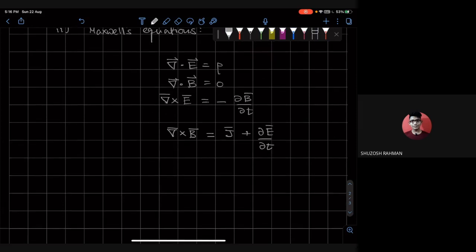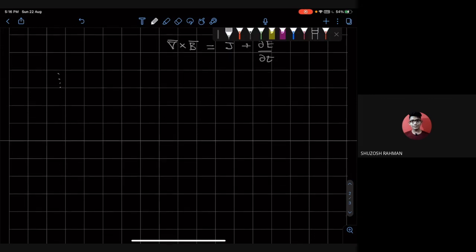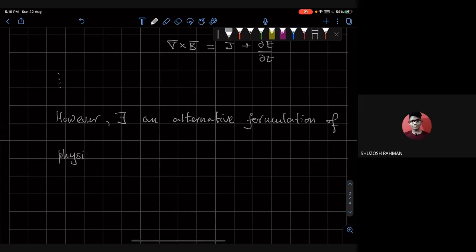So you can add your own favorite differential equation to this list. However, there exists an alternative formulation of physics based on an integral principle.